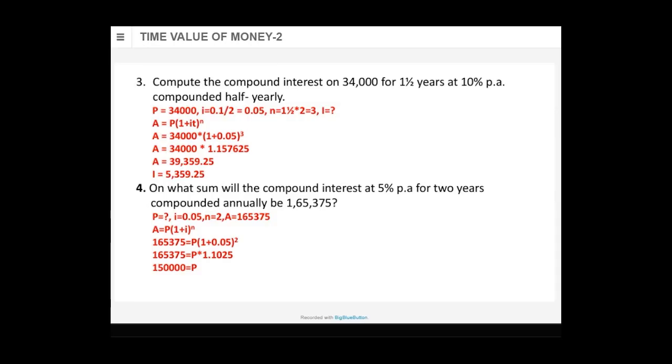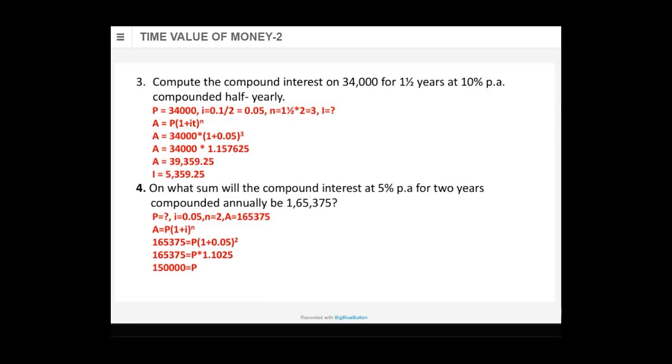Even I'm checking. 1.05 raised to 3 is 1.157625, multiplied by 34,000. That gives me 39,359.25. Correct.